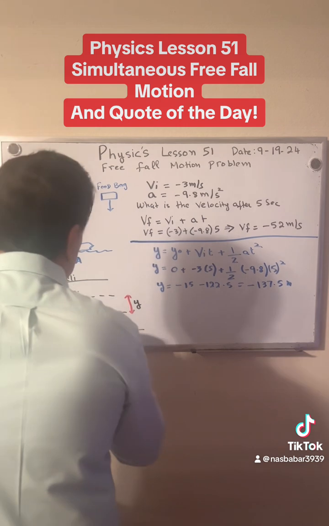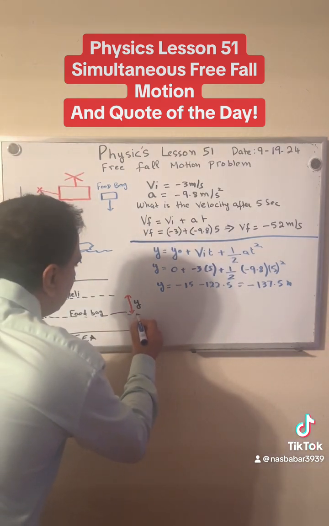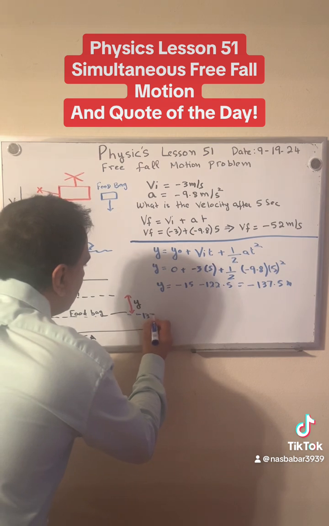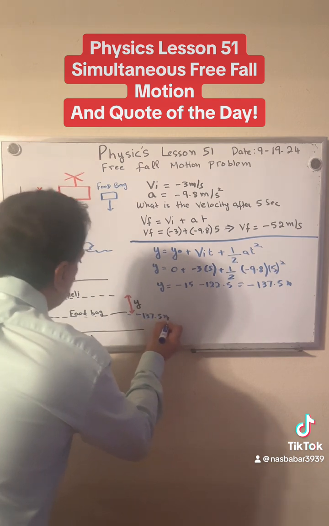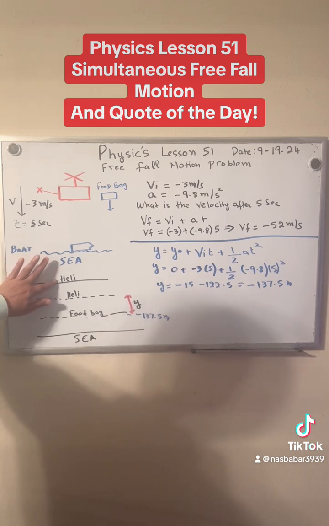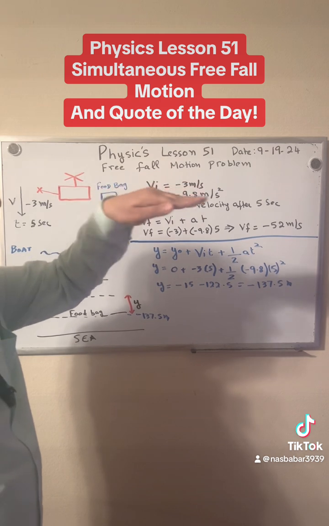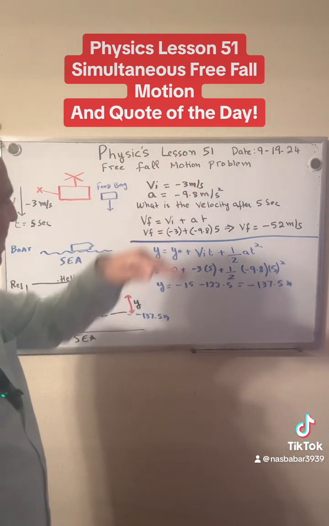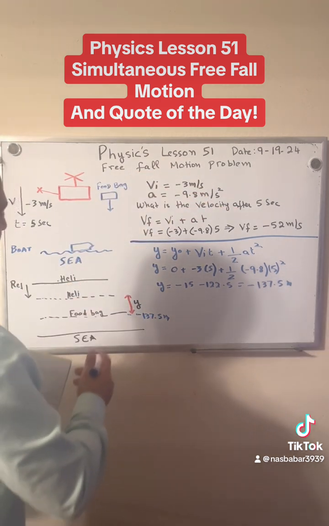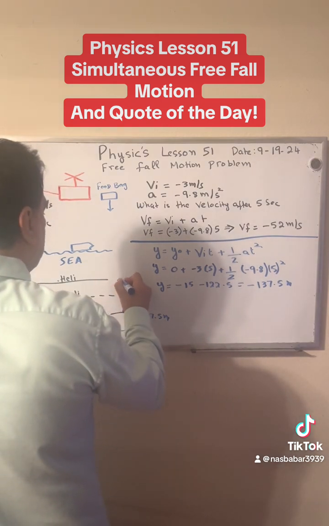So the bag position right here is -137.5 meters below the reference point. This is the reference point. That's where the heli was initially, and it had not started descending yet. So we consider this as a reference point. I'm talking about this distance up till here, okay?